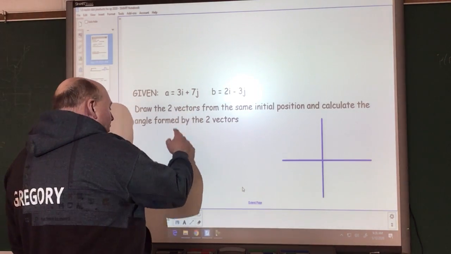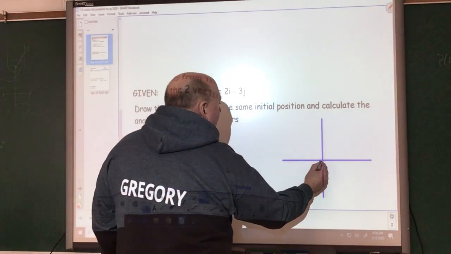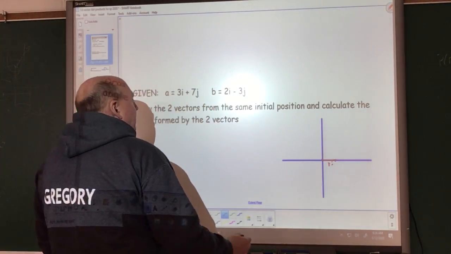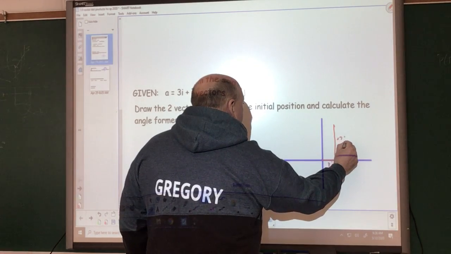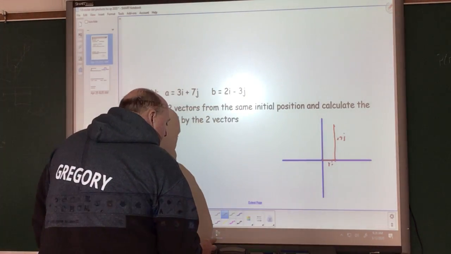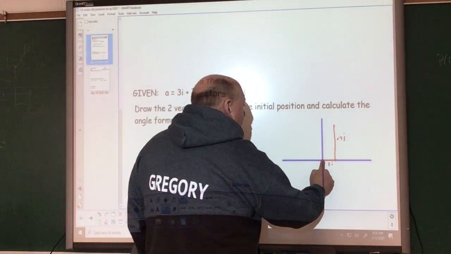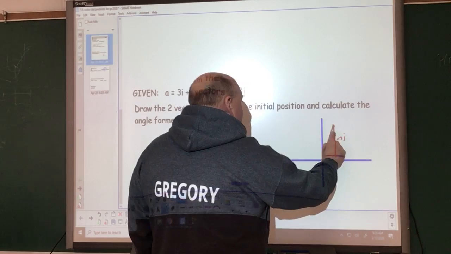So if I take a look at vector A, which is 3 on the i and 7 on the j, my vector for this first vector is this.